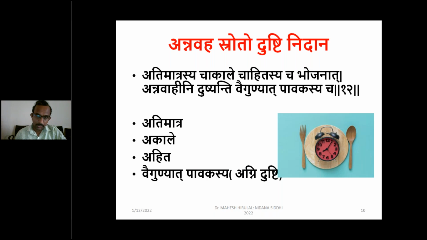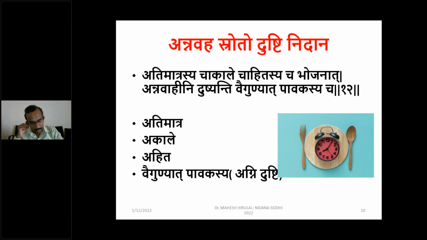Coming to the Annavaha srotho dushti nidanas, mainly Atimatra, Akala, Ahita Bhojana, and Vaigunyat Pavakasya cha. Four main Samanya Nidana for Annavaha srotho dushti: Atimatra, Akala, Ahita Bhojana, and Agni dushti, which are most common food habits and our lifestyle habits, which is leading to many disorders.